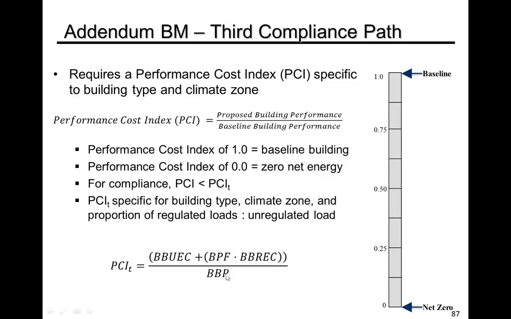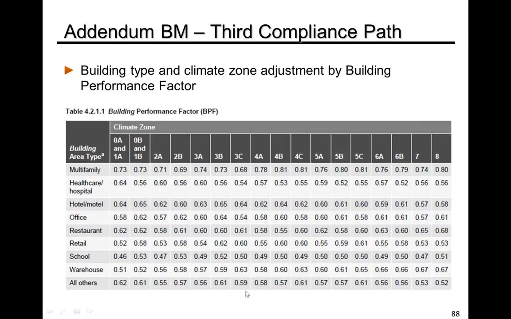The climate zone and building type is addressed by this table called the building performance factor. There is a different building performance factor for each building type and climate zone, and using that building performance factor in the equation that we looked at on the last slide will give you a different performance cost index target for each building.